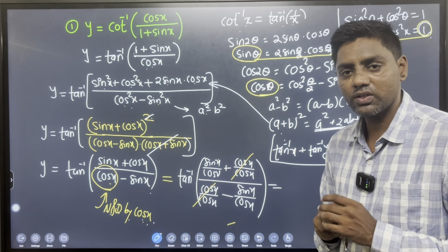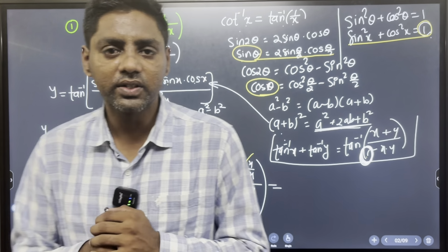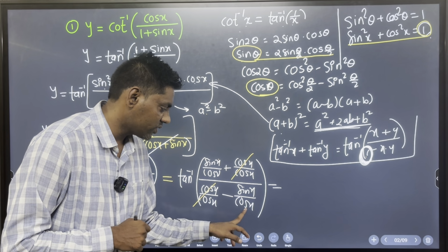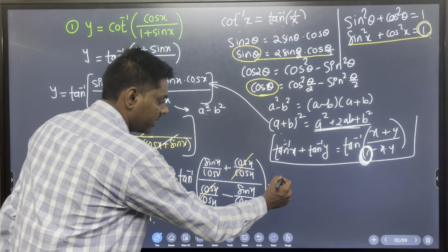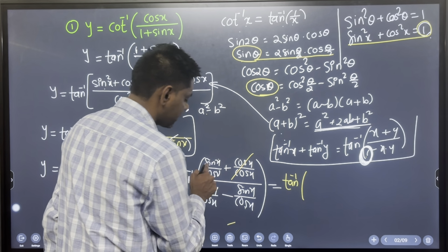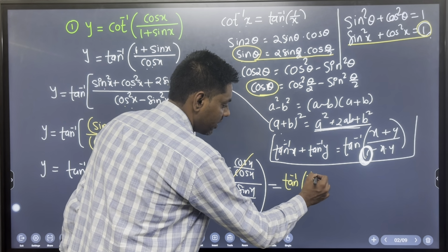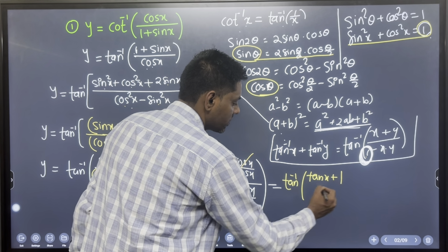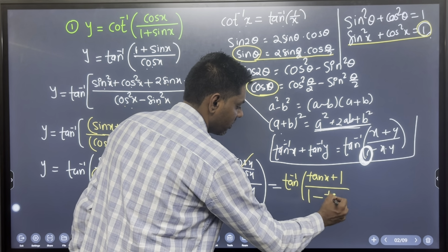Sine divided by cos is the trigonometric ratio tan x. Here also sine by cos is tan x. So after solving, we get tan inverse of (tan x plus 1) divided by (1 minus tan x).